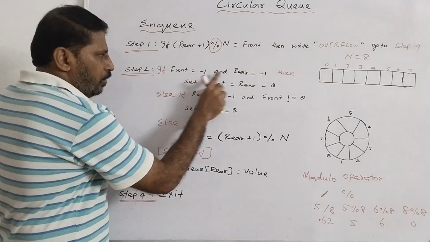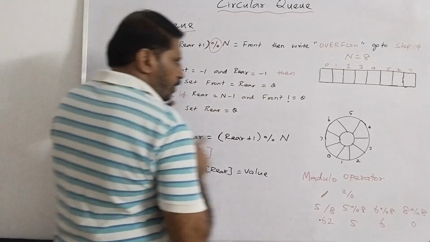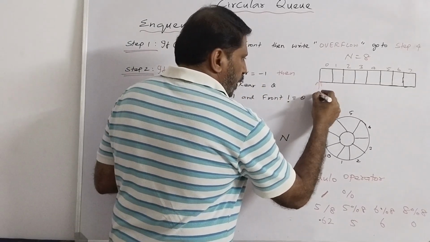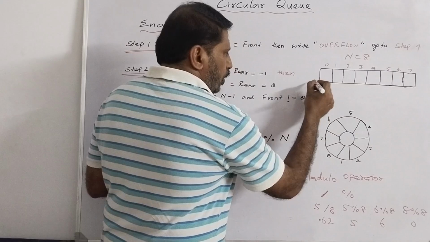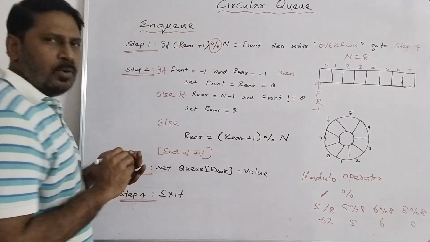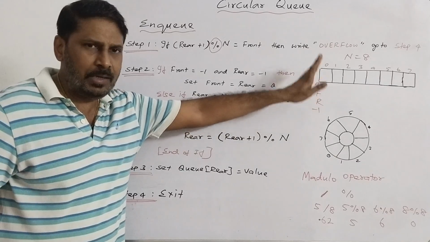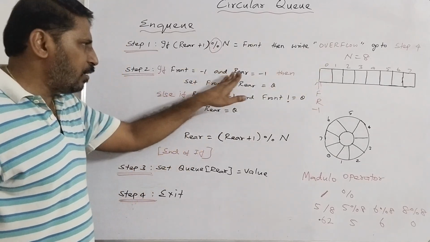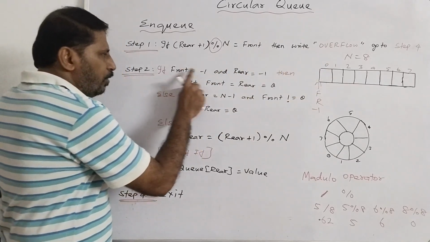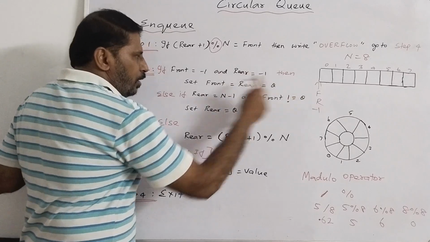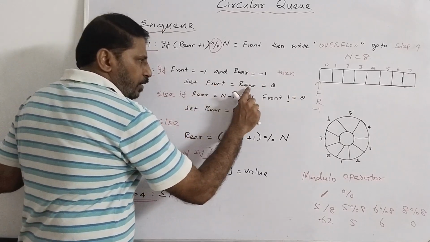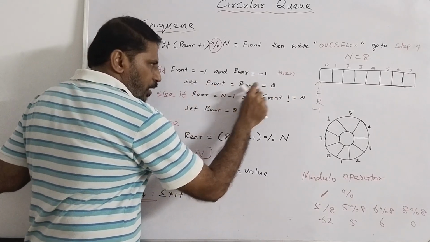If front equal to -1 and rear equal to -1, what is it? Suppose front and rear are both -1, what is the condition? The condition is that the circular queue is empty. If the circular queue is empty, front equal to -1 and rear equal to -1, immediately we set front equal to rear equal to 0.